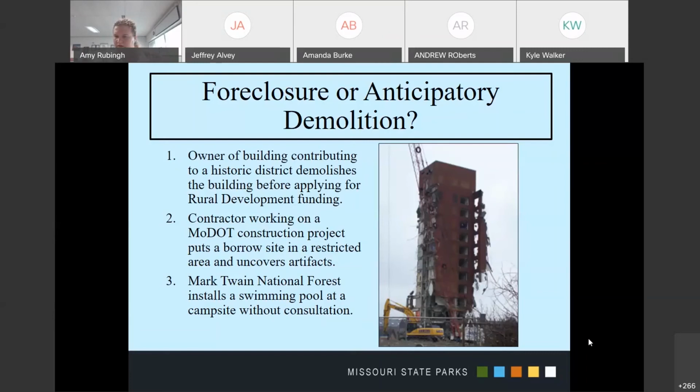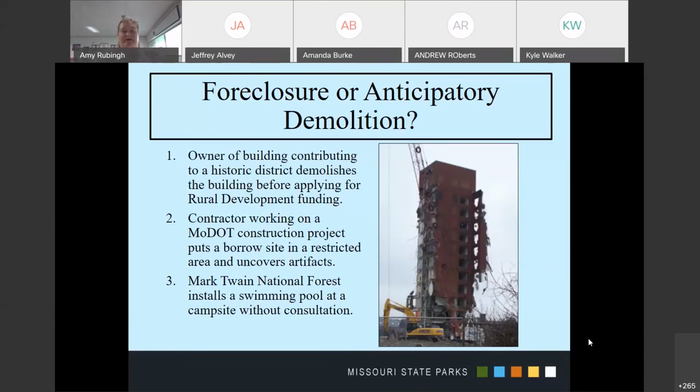Someone asked what you mean by a valid method. Anticipatory demolition is not valid. If a federal agency determines that anticipatory demolition has taken place, it cannot, under the law, fund that project. It cannot permit that project.